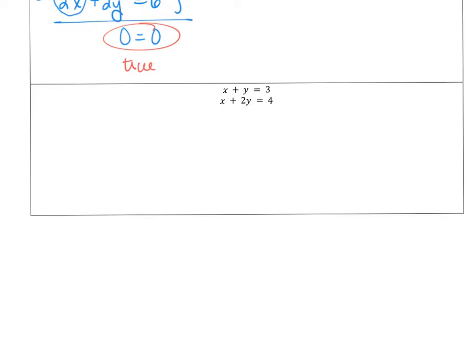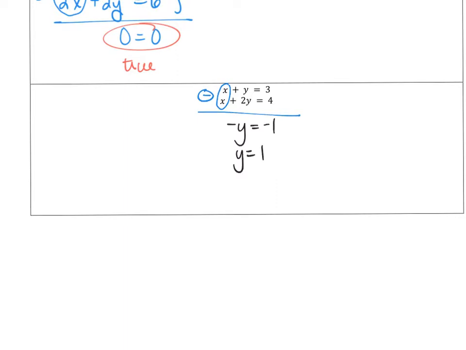Last one, we're going to solve by elimination here. I've got the same terms already right there. Same sign, subtract. Y minus 2y is a negative y. And 3 minus 4 is negative 1.